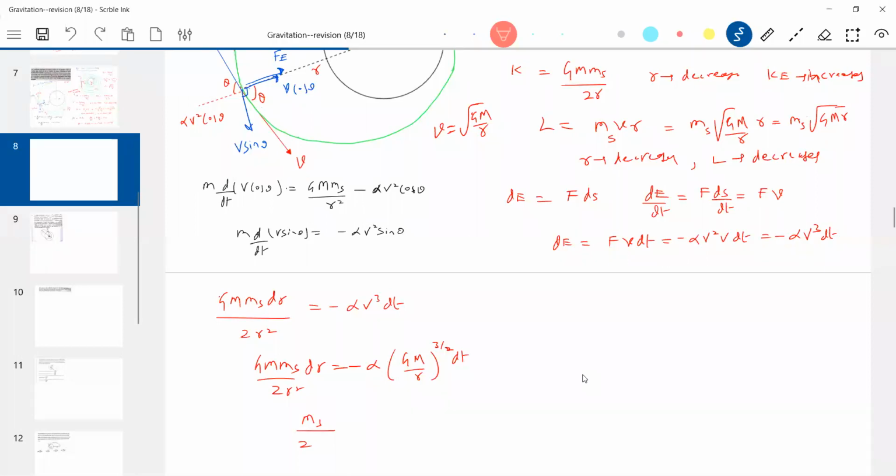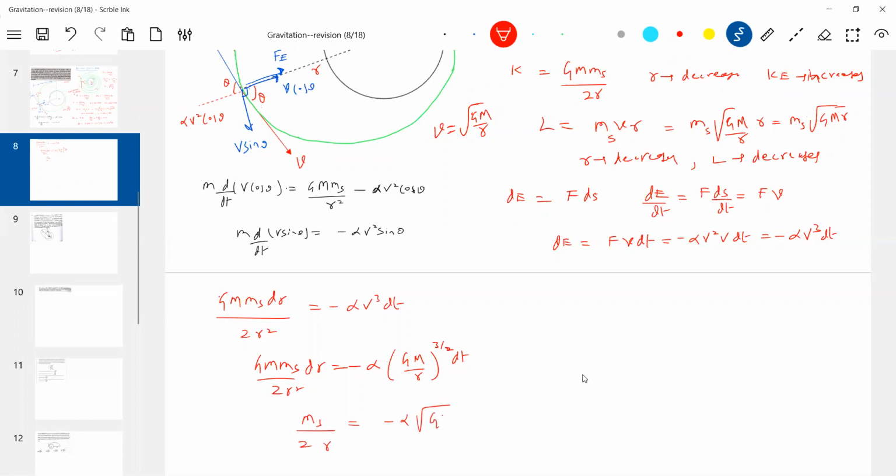Anybody, how much will we get? What should be the power of r? 1 by 2. 1 by 2, okay, fine. This will be root r, we'll take it.